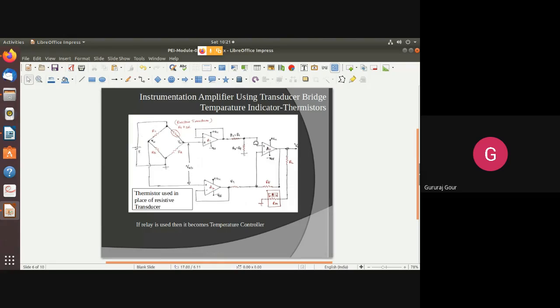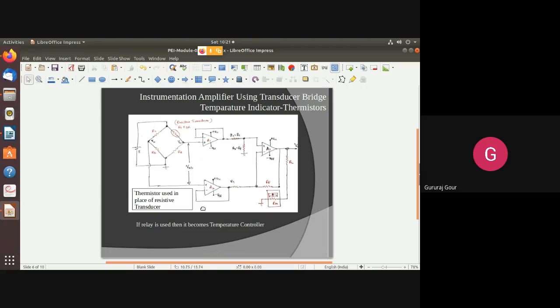Then, with the help of another 2 feedback resistors, R1, R2, like this one, they will be applied respectively to the positive and negative terminals of the A3. So here A3 is acting like a differential amplifier, and here output we are getting as a differential output that will be fed to the meter.